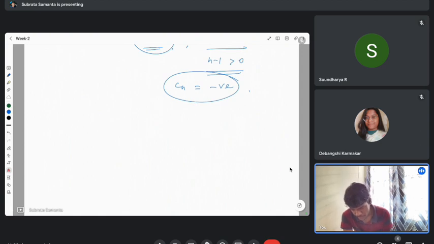So let's say for now we calculate delta Q, the change in heat delta Q.